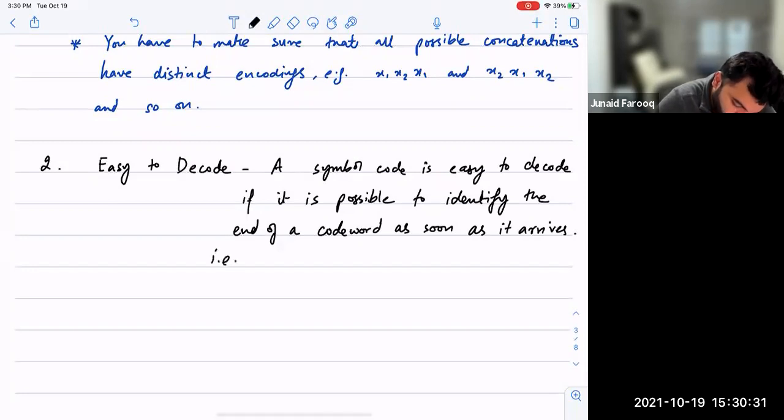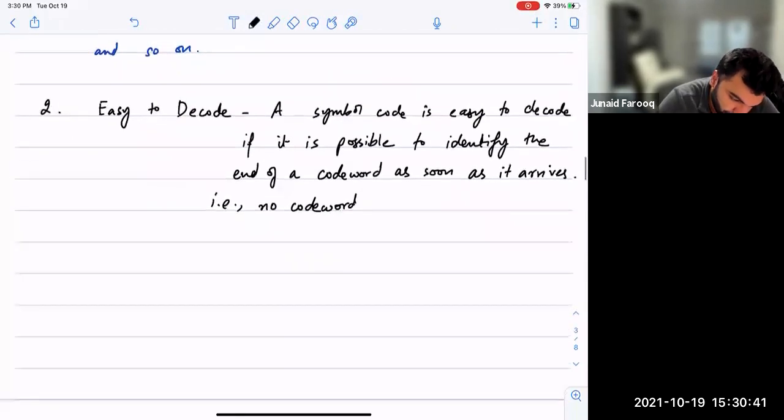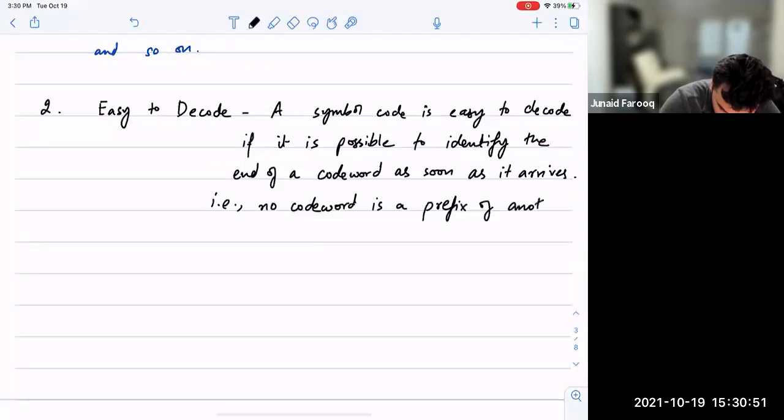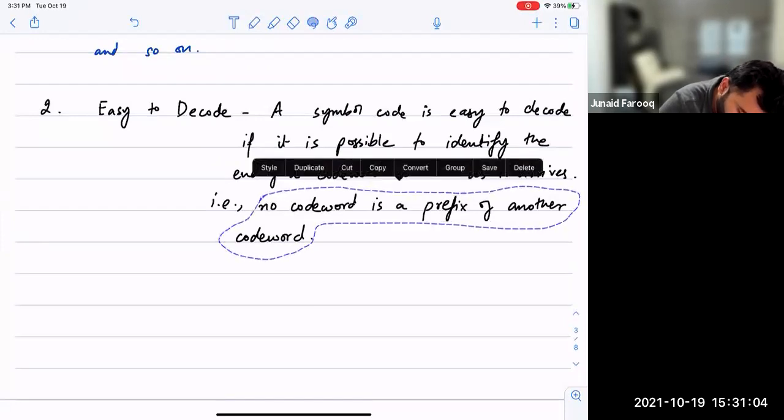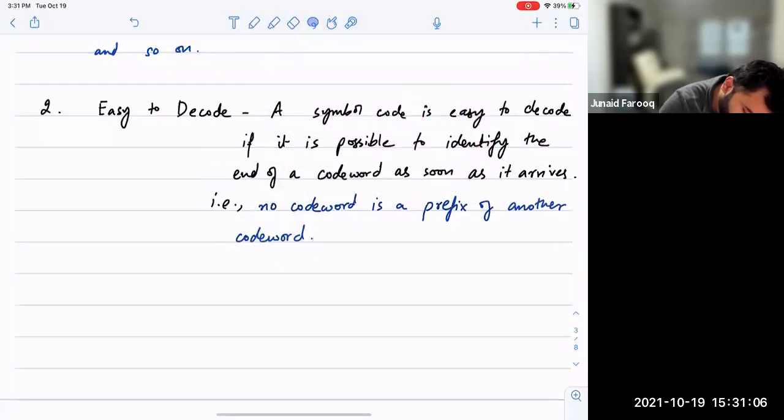So what that means is basically no code word is a prefix of another code word. This is also a very important property that you have to look at. And sometimes a code which has this property is called a prefix code.